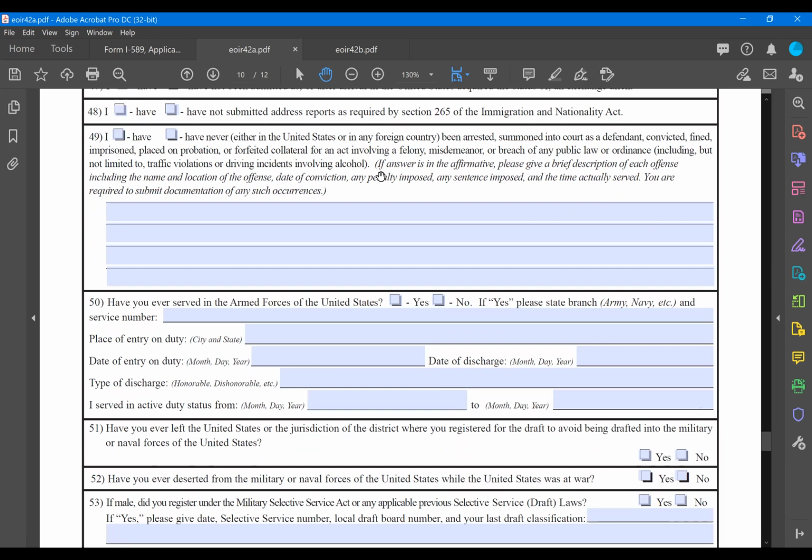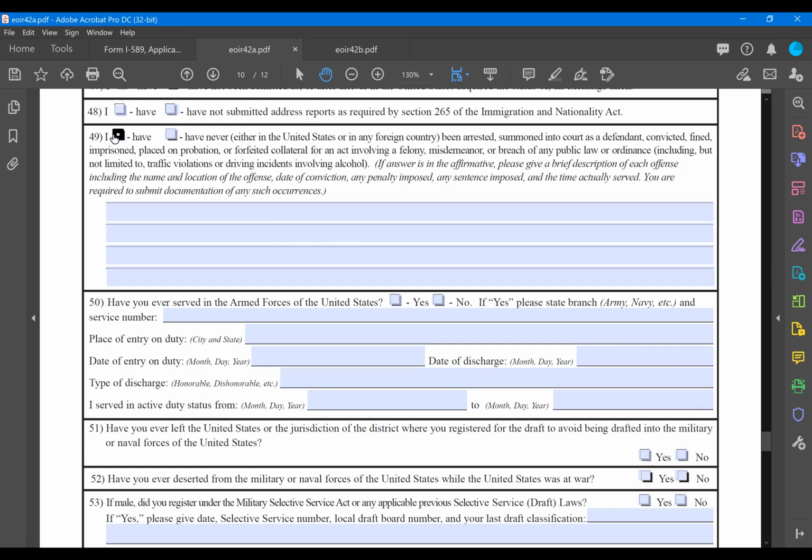And it says including, but not limited to, traffic violations or driving incidences involving alcohol. So I know sometimes there's a question about whether to include traffic tickets. This is really clear. You include traffic tickets, you include DUIs, you include things that happened in other countries, you include just being arrested for something, even if you weren't convicted or charged.